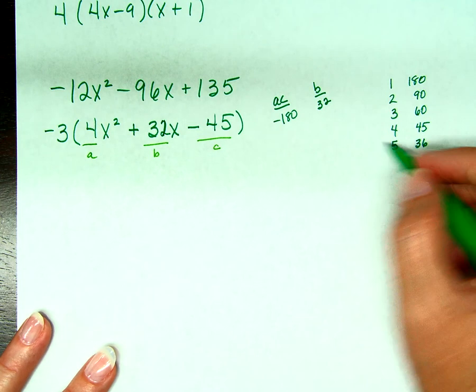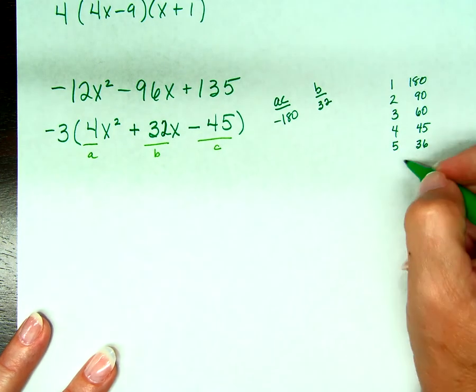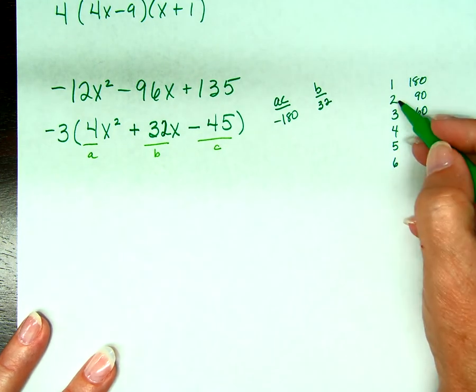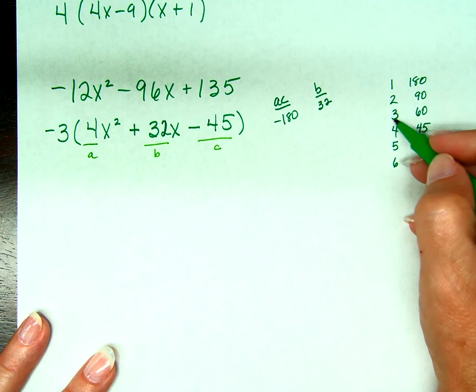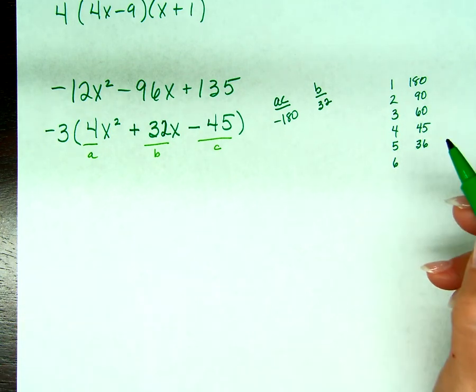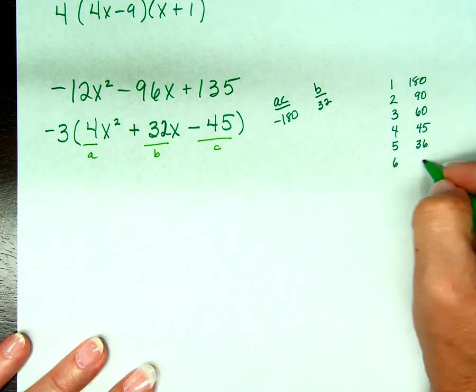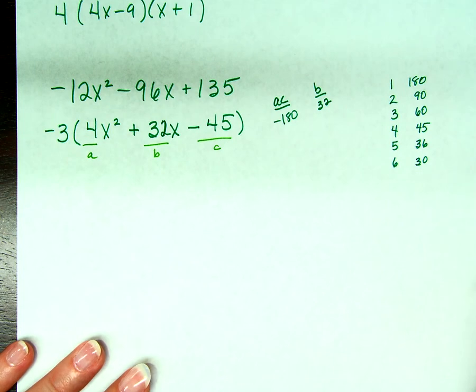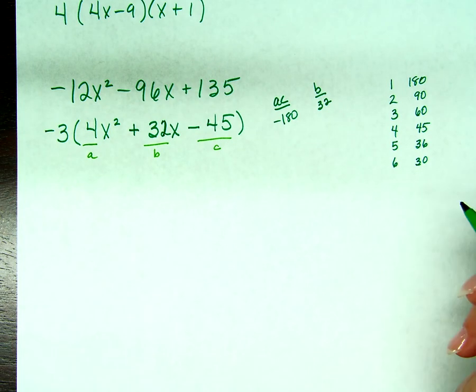6. Is 180 divisible by 6? Do you know how I know? Because it's divisible by 2 and 3. So 180 divided by 6 is 30. 7, no. 8, no. 9. Oh, 9.